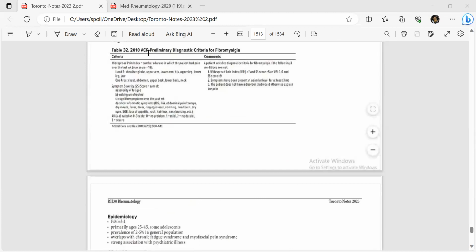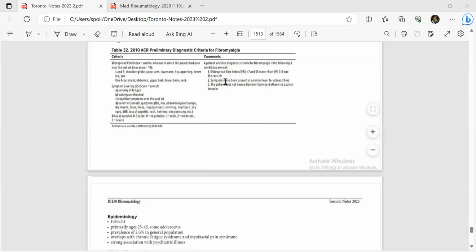Now, the ACR preliminary diagnostic criteria for fibromyalgia include the widespread pain index and symptom severity. We will read here also, but this is the diagnostic criteria. The areas are right and left shoulder girdle, upper arm, lower arm, hip, upper leg, lower leg, jaw, chest, abdomen. Widespread pain index greater than 7 and SS score greater than 5, or WPI 3 to 6 and SS score greater than 9.